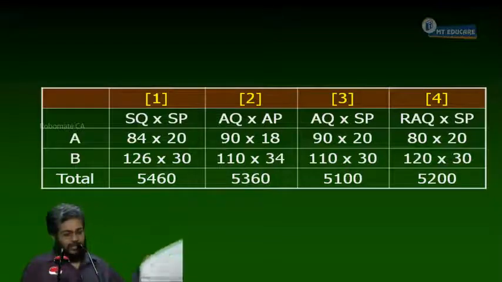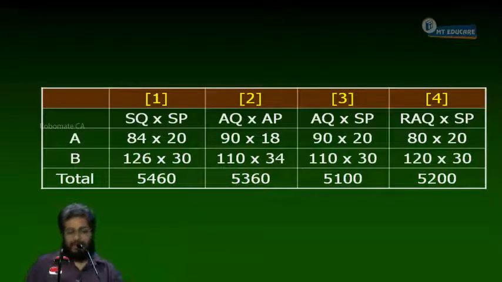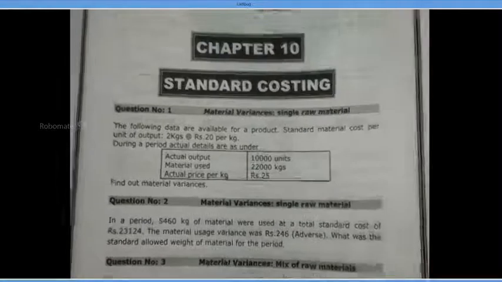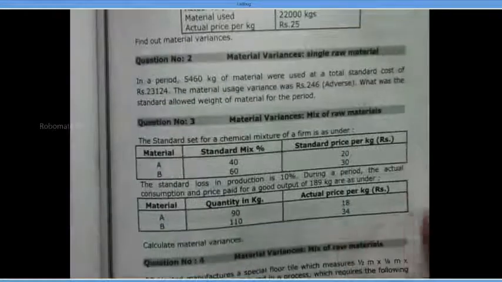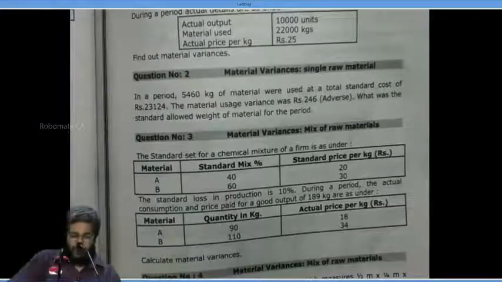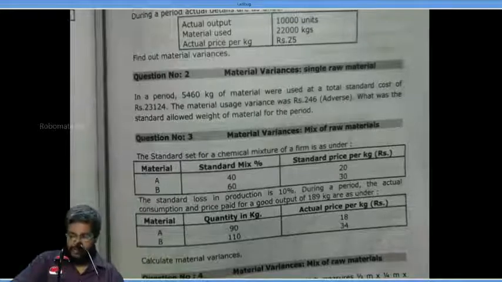One small sum, a past examination question, and then we'll go and do the labor variances. Now, take question number 2. We'll just complete it in no time. In a period, 5,460 kgs of material were used.